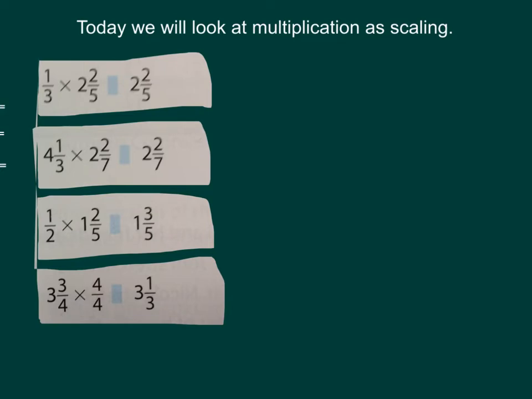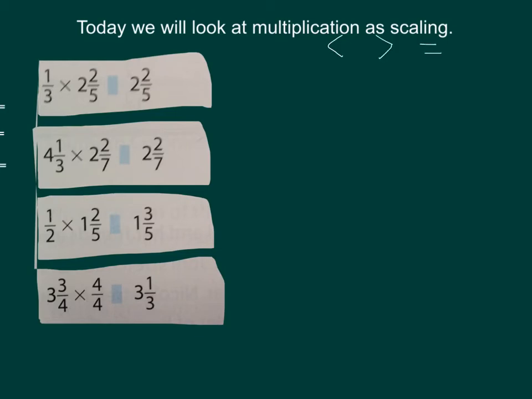Now, on those last 3 examples, that gives you an idea of what you know about multiplying fractions and whole numbers, and we're going to use what you know to look at scaling. So for this part, we're going to decide if we are less than, greater than, or equal to.